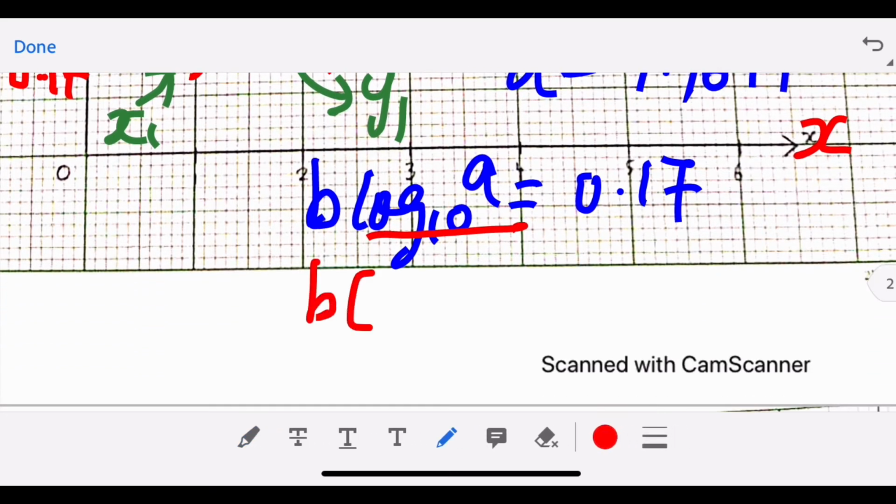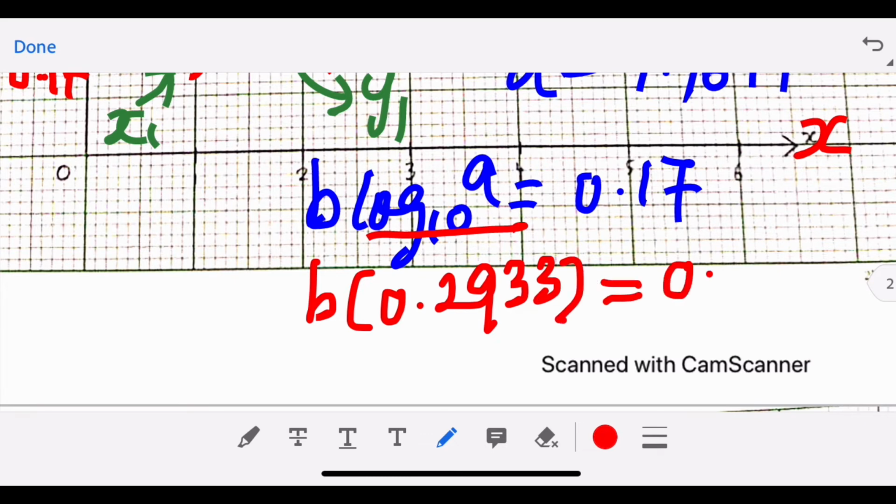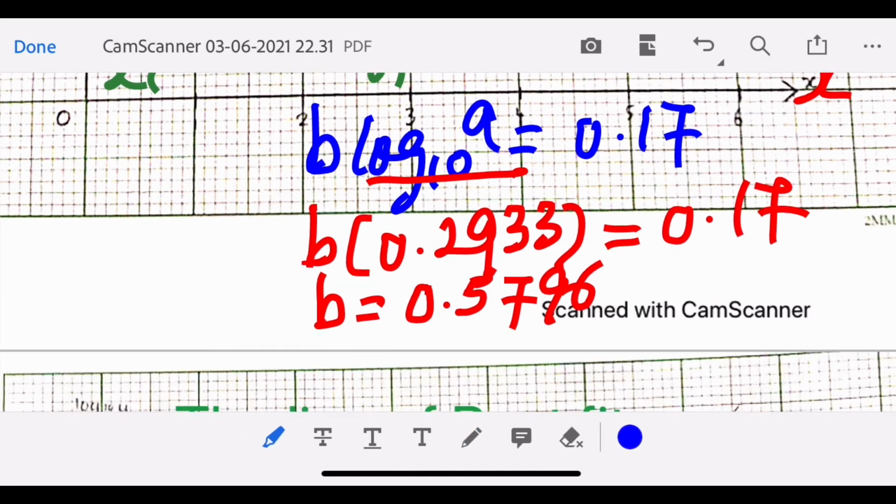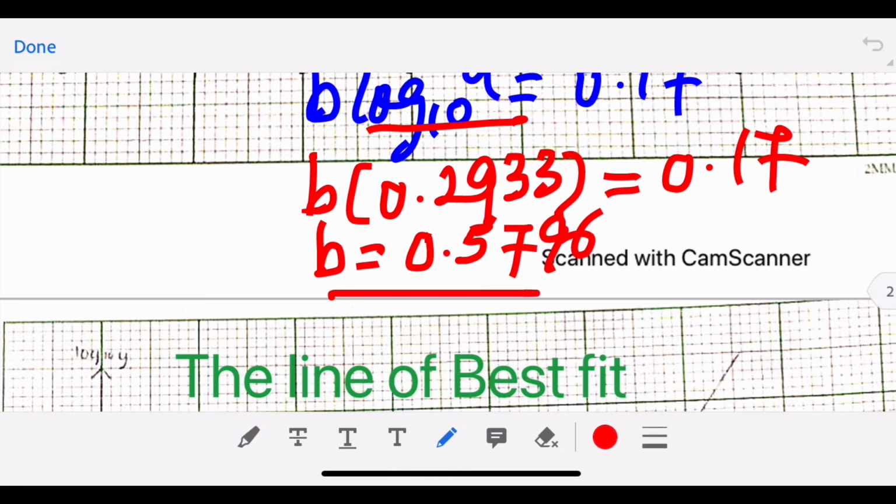So it's b times 0.2933 equals 0.17. We are solving the constant using the graph values, right? Please do not use substitution of data points. If you do, your method will be wrong. It's okay if your data is a bit different, no problem. So this is the answer for b.